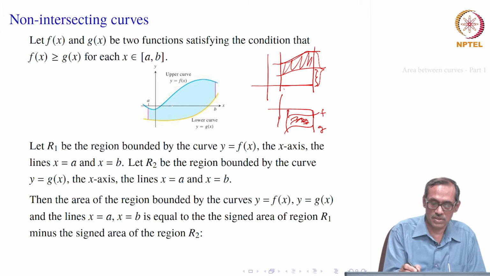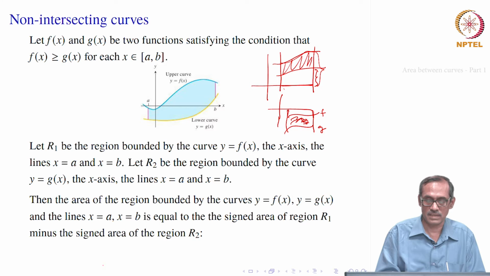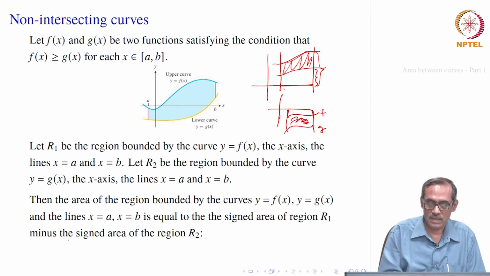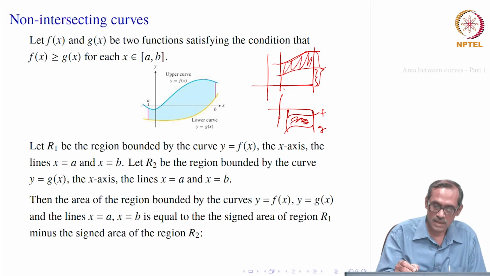So, here in the picture, one of them is lying really below, but it is also going below the x axis. The other one also has some parts above the x axis and some parts below the x axis, but still you can get the area by taking f of x minus g of x, right. So, particularly this area, it is f of x and then here it is g of x. When you take the signed area minus, it will be plus of this, right.